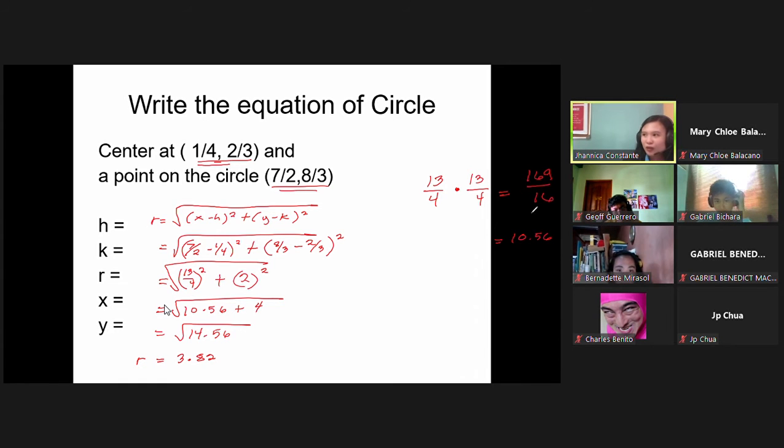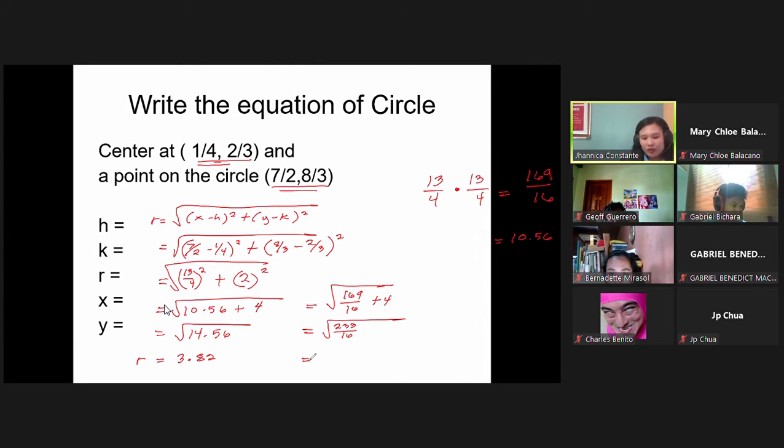But if we're not going to convert this fraction into decimal, we're going to have 169 over 16 plus 4, which is equal to 233 over 16.